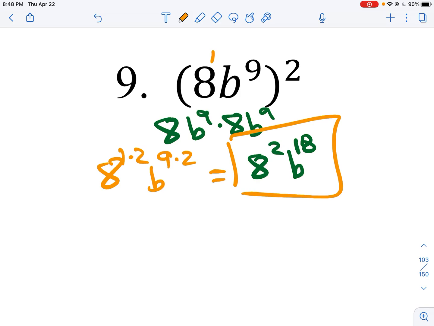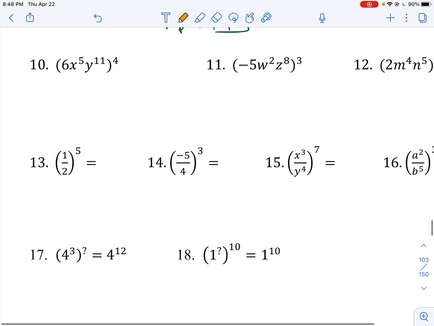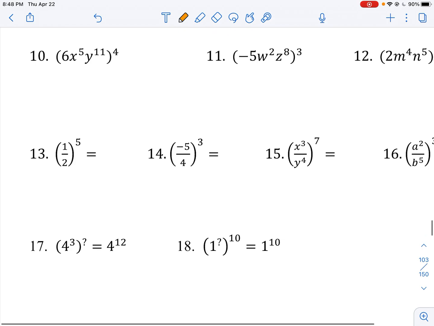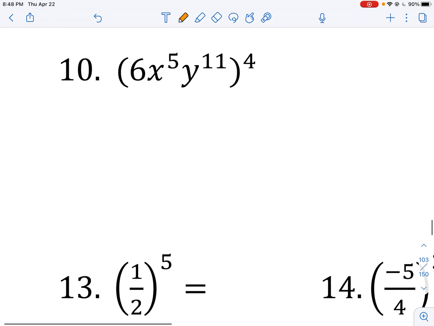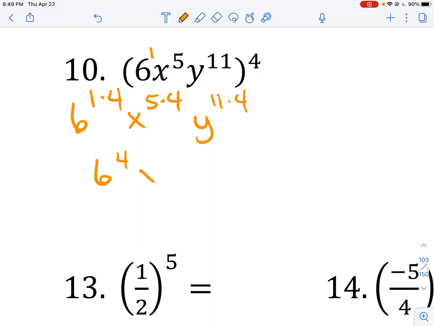And they equal each other. So again, this has an exponent of 1. So 6 to the 1 times 4. X to the 5 times 4. Y to the 11 times 4. So you get 6 to the 4th, x to the 20th, y to the 44th.